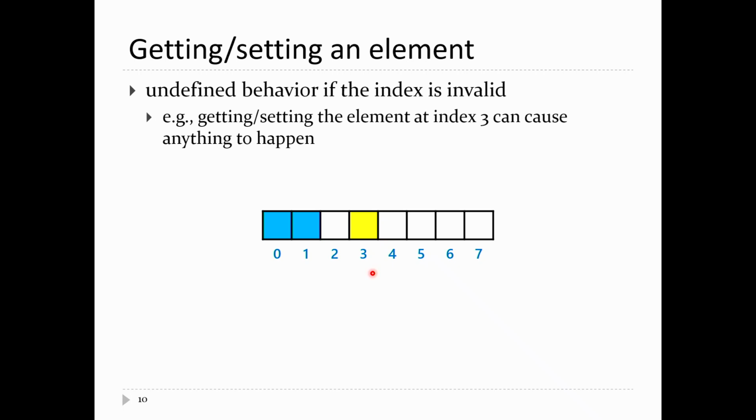Or if you try to set the element there, something bad might happen. Or nothing might happen, or maybe the element will be set or get the way you might expect, because it's just an array after all. But we're going to say that that's undefined behavior. Python and Java will say it's defined behavior and it's an error. We're actually going to try to replicate that type of behavior today.